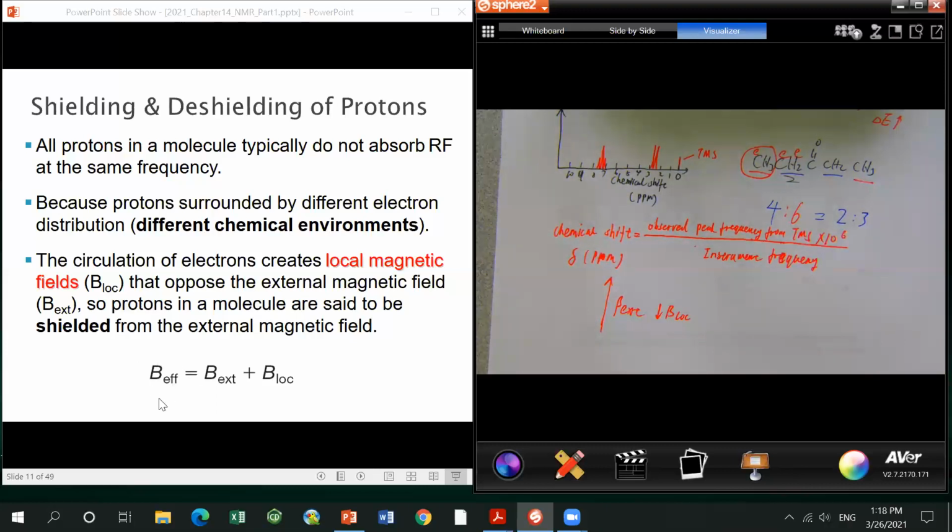So they have different effective magnetic fields, and therefore different chemical shifts.